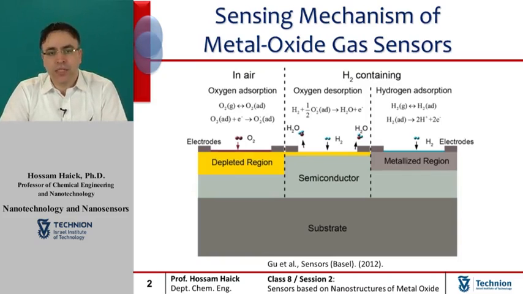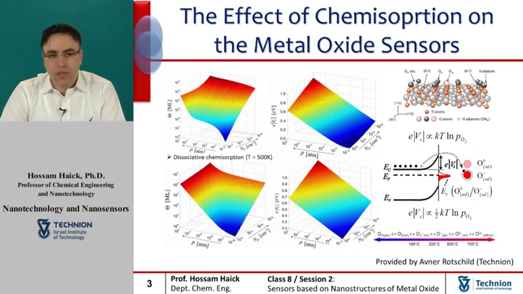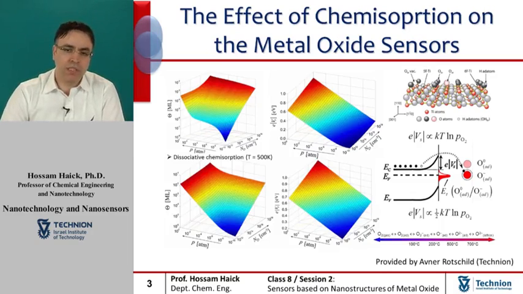In the next few slides, I will describe very briefly two models developed by Professor Avner Rothschild from the Technion, aiming at providing a better understanding of these processes and how they affect the sensor's response properties. The first model regards the effect of chemisorption on the electronic properties of the semiconductor surfaces.